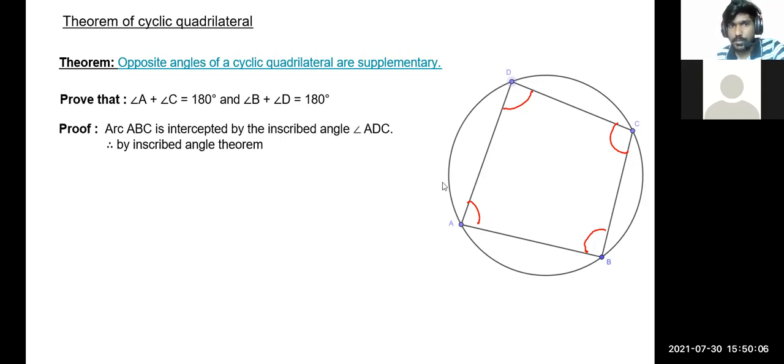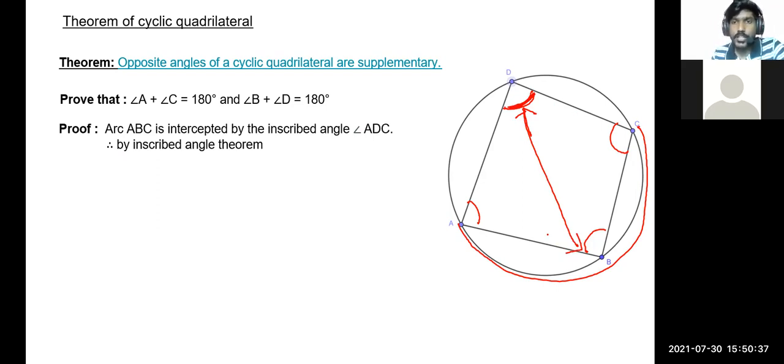The proof is very simple. Here it says first, look at arc ABC. Arc ABC is this arc here. Now, this arc is an intercepted arc, and it is intercepted by the inscribed angle ADC. So this is the inscribed angle, and arc ABC is the intercepted arc.